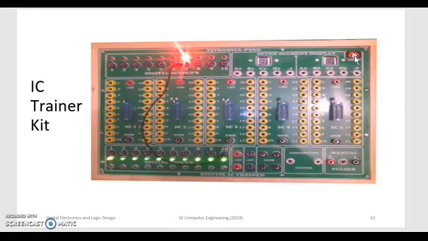Before starting the practical, when you attach this kit to the power supply, you first have to put the power on and check the input pins, whether they are glowing or not. You have to check whether these LEDs are glowing or not. This is to check whether this kit is working properly.